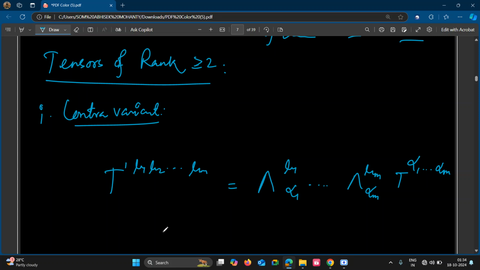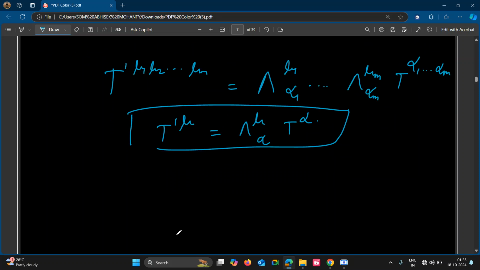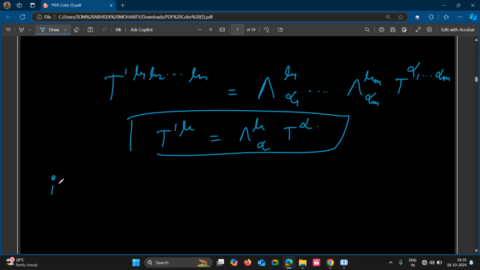Suppose I write only one: t dash mu is equal to lambda mu alpha t alpha. Very simple, exactly like the previous one, but here the rank is greater than two, which is why we are writing a lot of stuff. So this is contravariant.